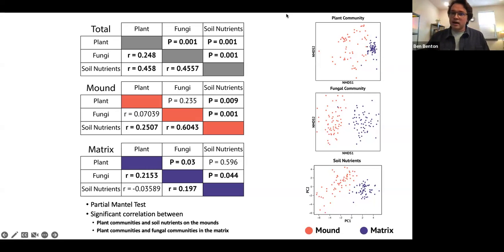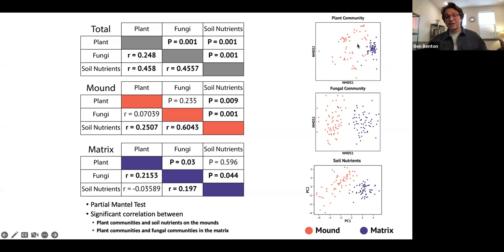Okay. So yeah, and you can see it in this NMDS plot right here, generally speaking, the plant communities in the matrix were more homogeneous. The plant communities were very similar to each other in the prairie matrix, and that's why we have this tight clustering of points right here.